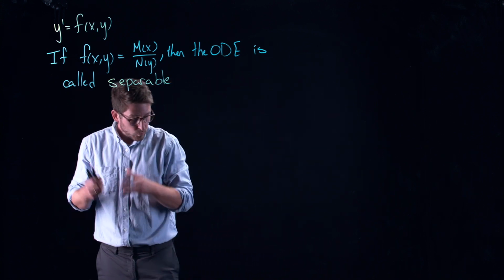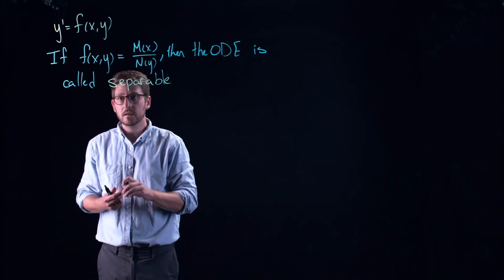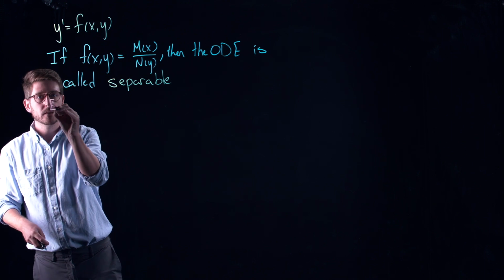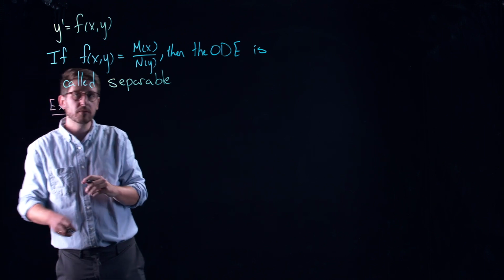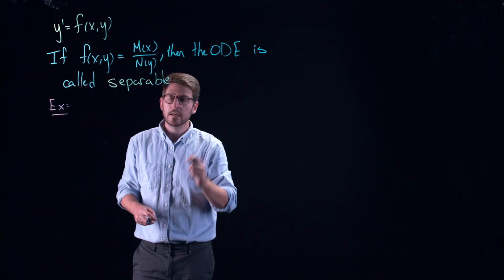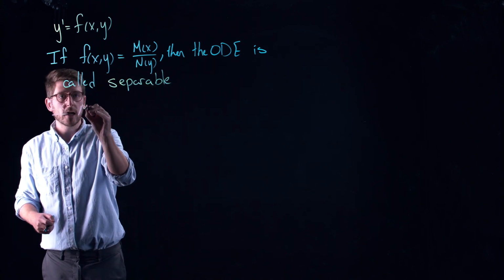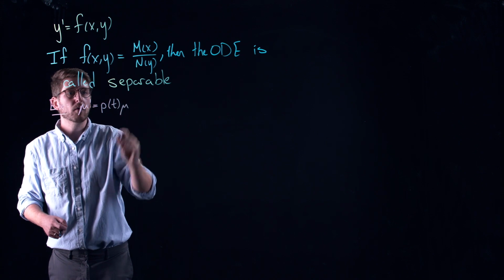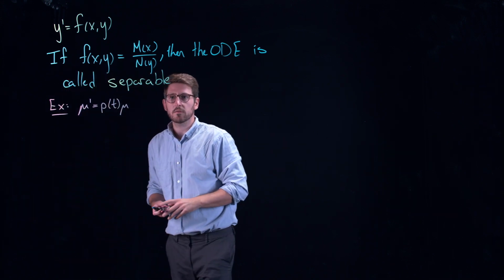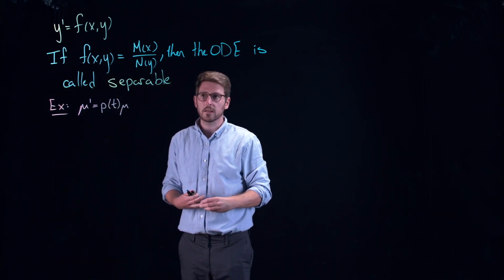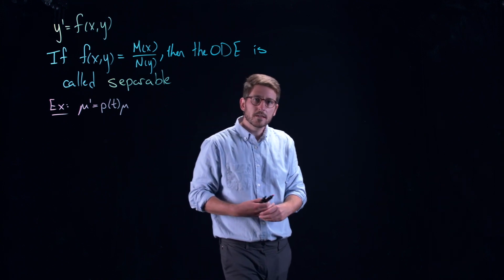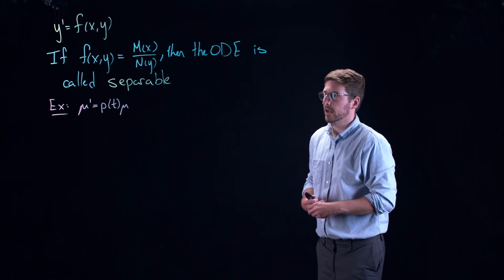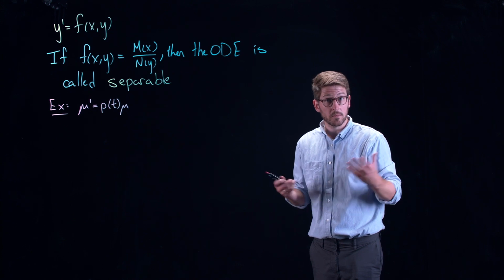And in this case, we have actually seen a separable equation already. Remember, in the previous video, we looked at integrating factors, and the general procedure at the end of that video was that I wanted you to solve this ordinary differential equation that looks just like that. Now, this may sort of hurt your brain for a second because I'm using different variables, right?